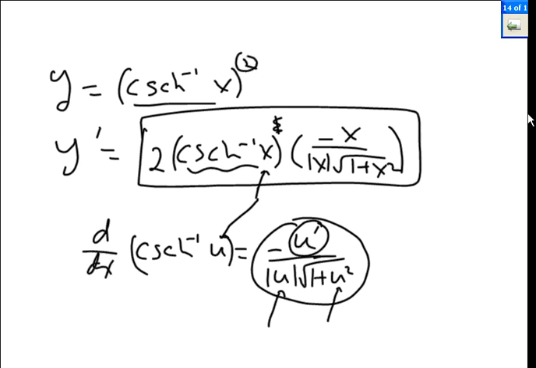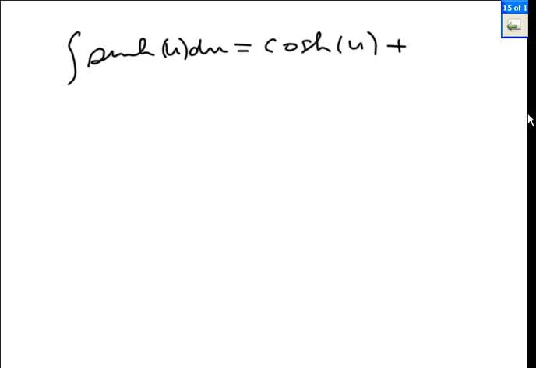Okay. Let us try some integrals. Remember, the integral of the sinh of u times du is just the cosh of u plus c. So if you were asked to find the integral of the sinh of 2x plus 1 dx, excuse me.